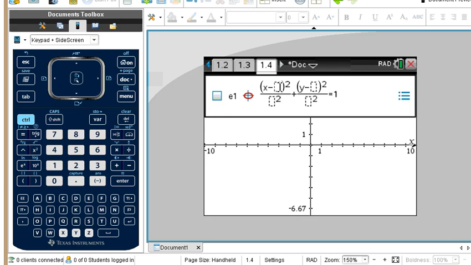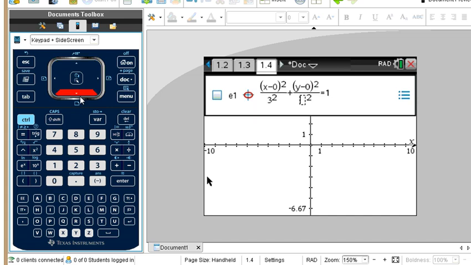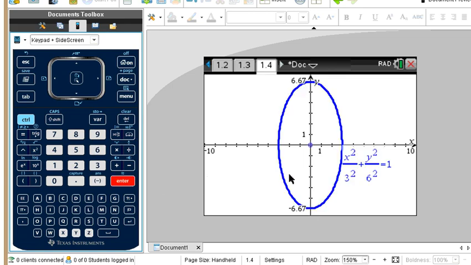We're going to have x minus 0 because we're centered at the origin, and we're going to have 3 squared here, and for the y we're going to have y minus 0, and for this one we're going to have 6 squared. And so we graph this ellipse, and so we have a major axis we can see of 12, right?